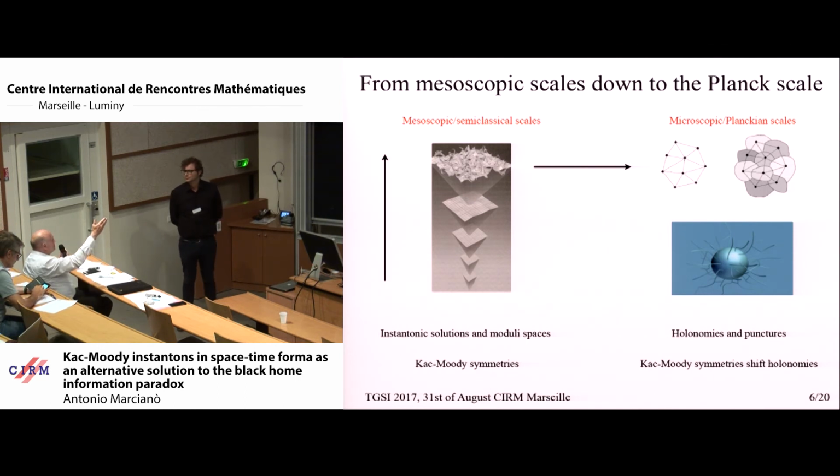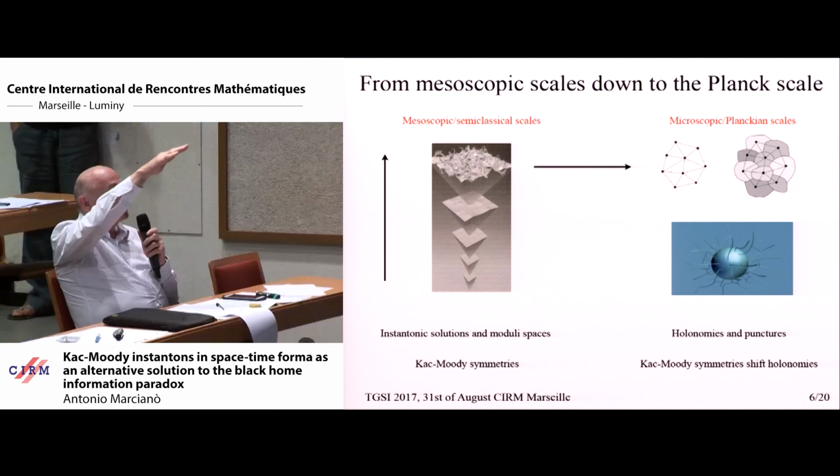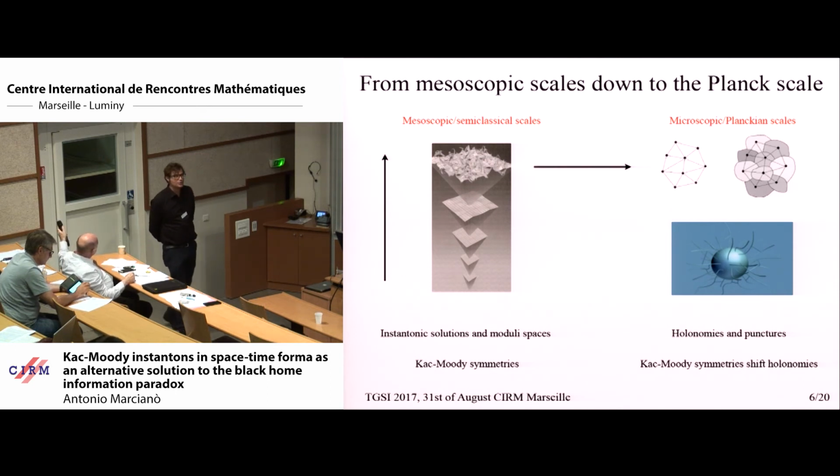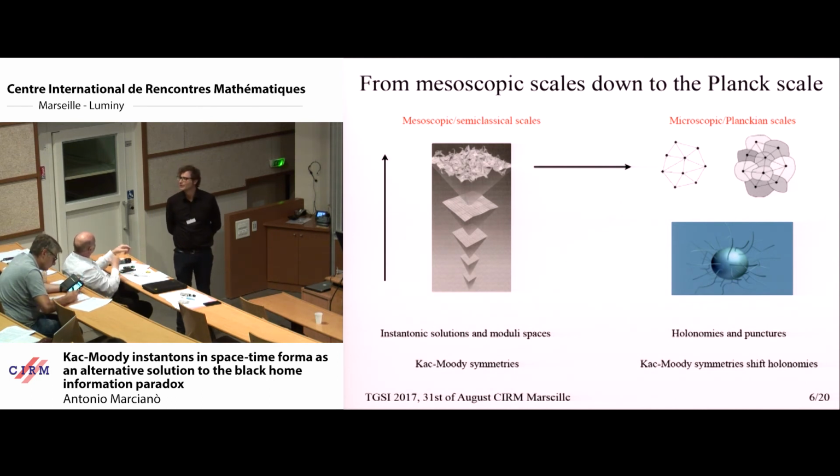But there is a question: what happens between the scale of the boson and the scale of the form? Yeah, this is a very important question for the whole field of quantum gravity.